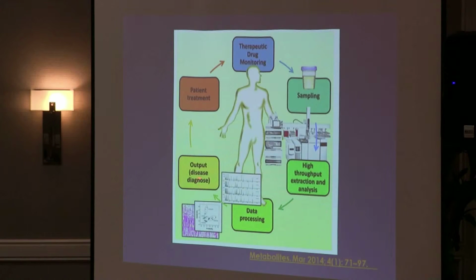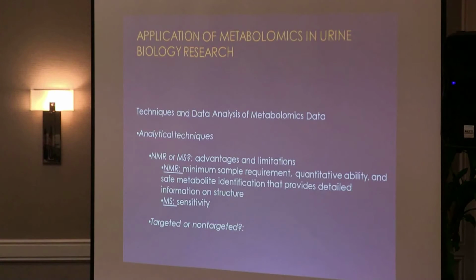And we will get the output correlated to the disease state and profiling. We can use this information to treat patients, and we also use it to monitor patient response to drug treatment or therapy in the clinic.